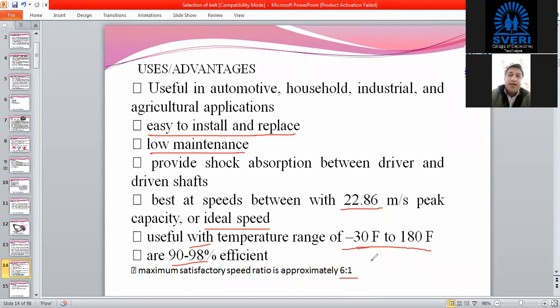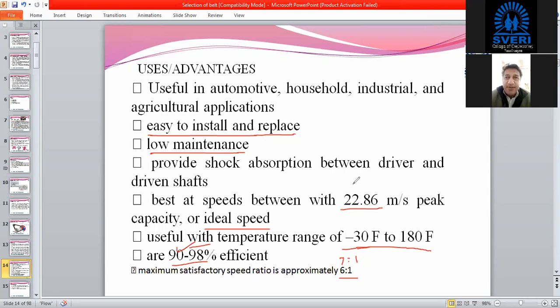If you want to increase more than that, say 7:1, that means the driver is going to rotate with 7 RPM and the driven with 1 RPM, then the slippage will occur more, and this belt drive reduces its efficiency. That's why the satisfactory transmission ratio is 6:1.